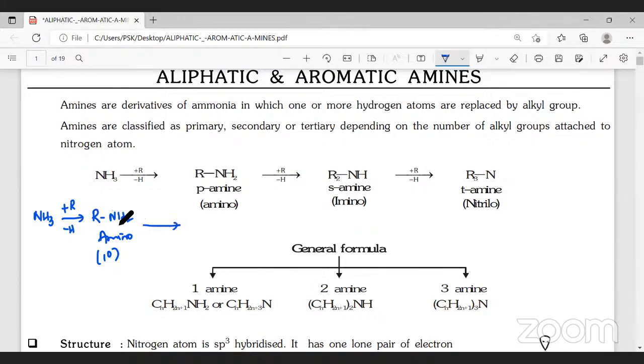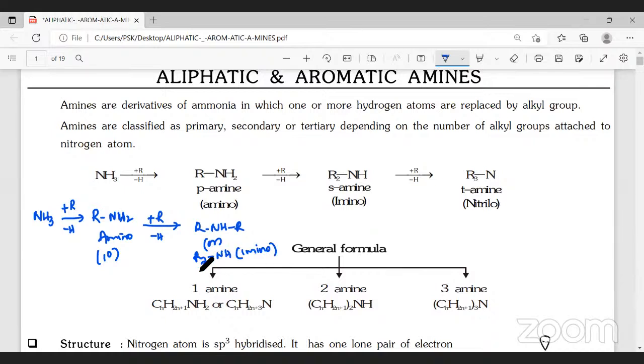Now, again, if one of the hydrogen atoms from the primary amine is replaced by an R group, we get RNHR, or we can write this as R2NH. This R2NH group is called the imino group.